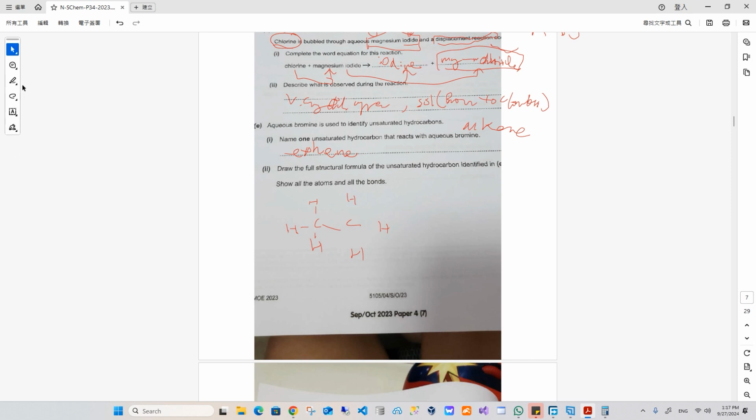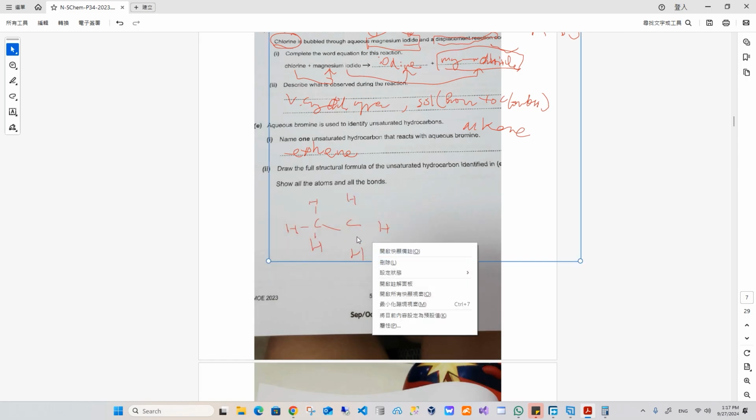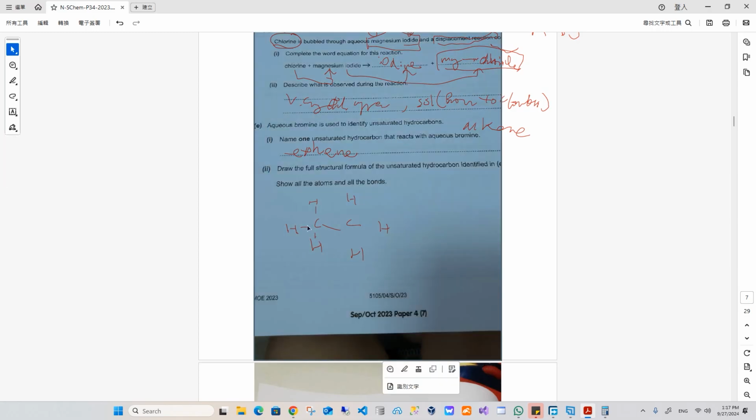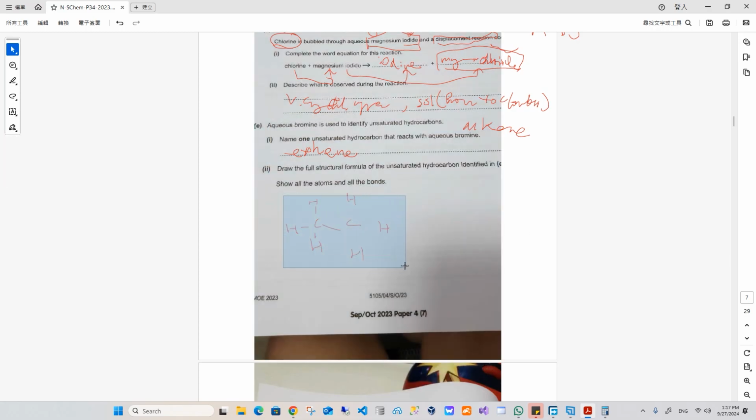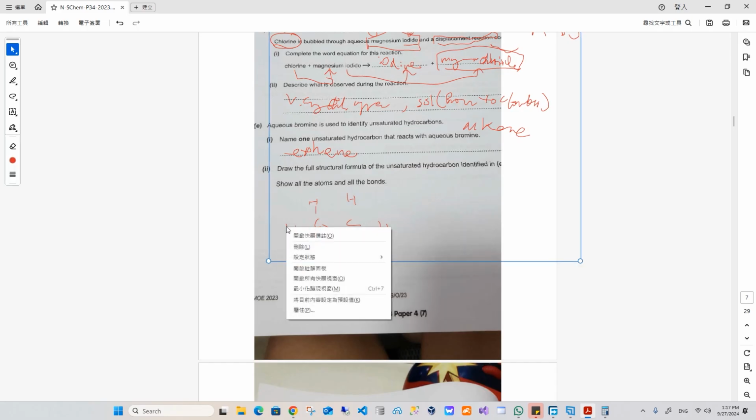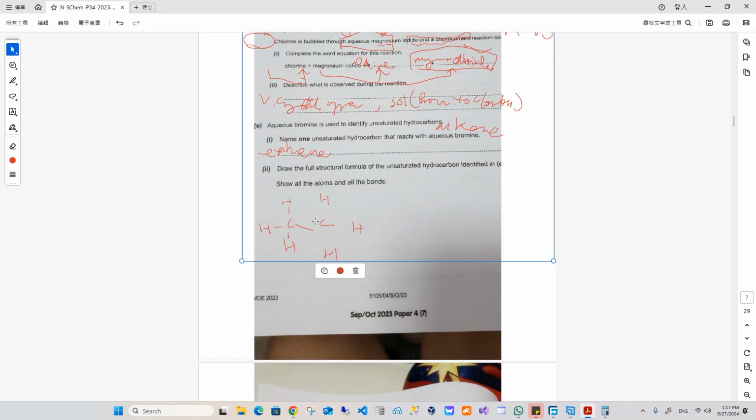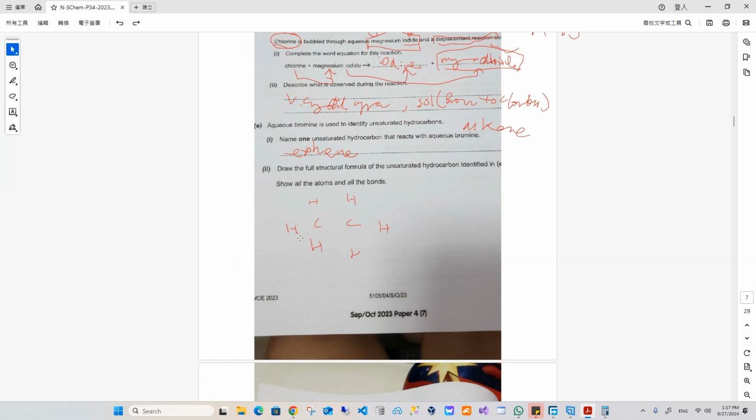Okay, delete. Okay, double bond. So I have two more. Okay, done. So this is ethene.